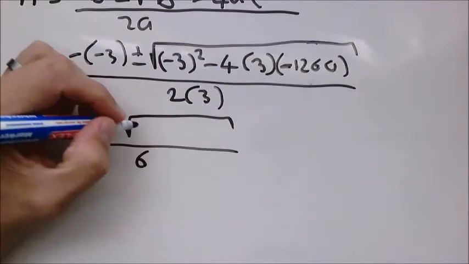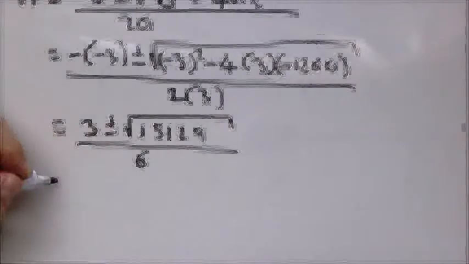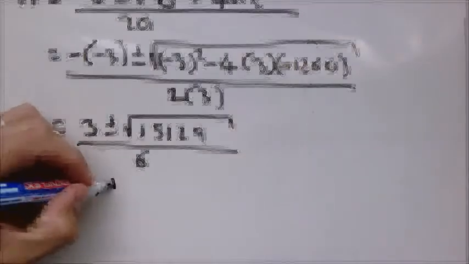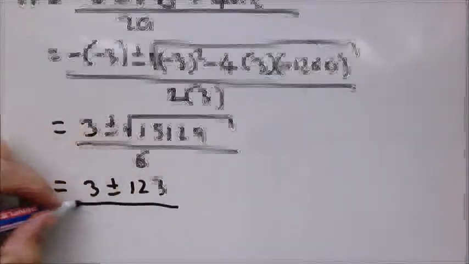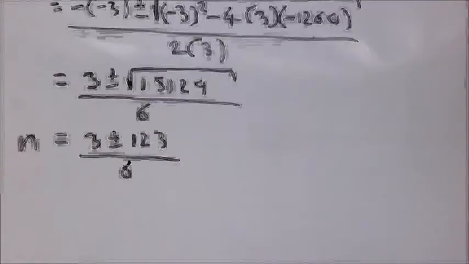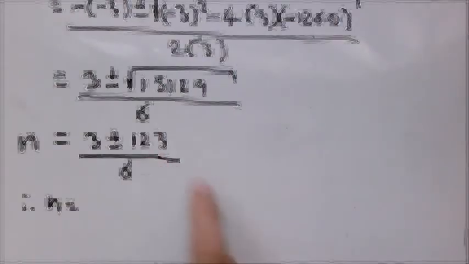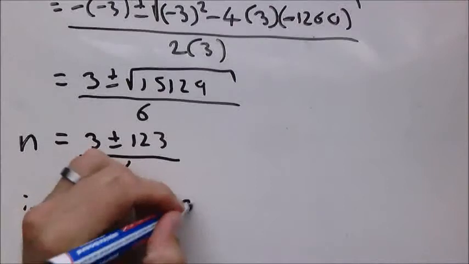Okay, so you have 1260 times 3 times 4 plus 9 is 15129, and its square root is 123. So this will be 3 plus minus 123 over 6. And remember, all of this is equal to n. So now we're going to get two numbers, right? So therefore, n equals 3 plus 123, which is 126 divided by 6 is 21.